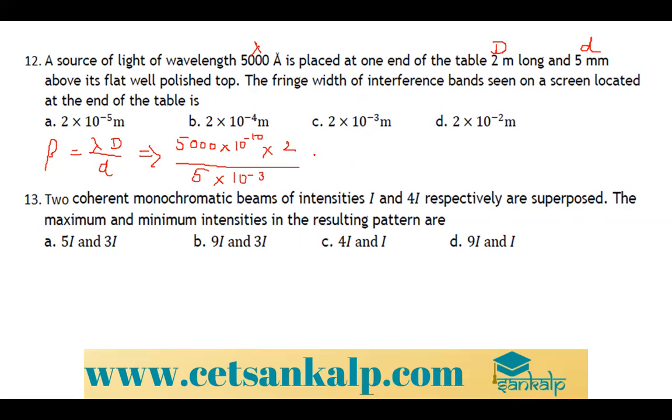So 5 into 10 to the power 3 into 10 to the power minus 10 into 2 divided by 5 into 10 to the power minus 3. 5 and 5 get cancelled. So 10 to the power minus 3 ಇಲ್ಲಿ ಹೋಯ್ತಂದ್ರೆ minus 7. So 2 into 10 to the power minus 4 meter. That is your beta. So option B.